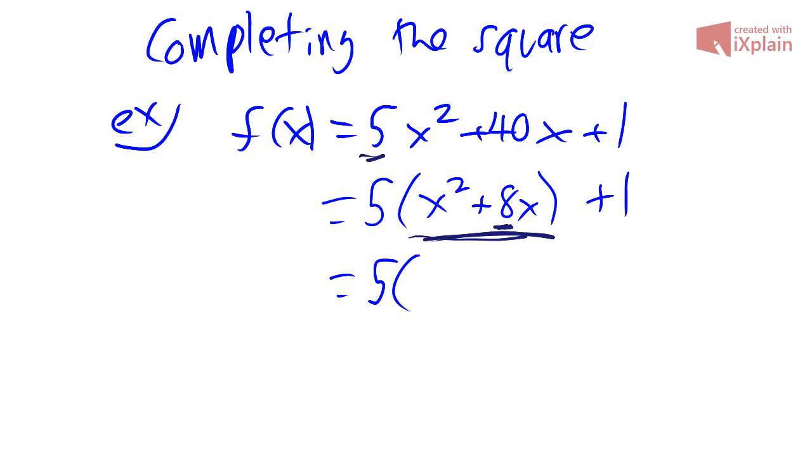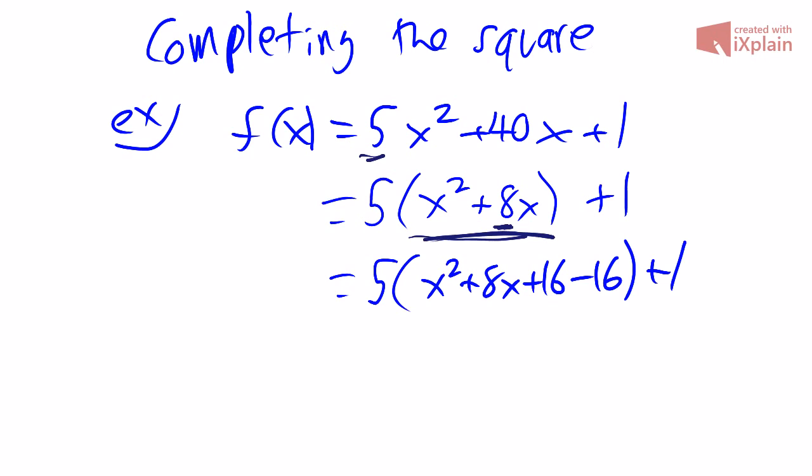Right now it's x squared plus 8x. So equivalently, we could write that as x squared plus 8x plus 16 minus 16. So we cleverly added 0 right here. That's just adding 0. We can do that. That's not going to change anything.